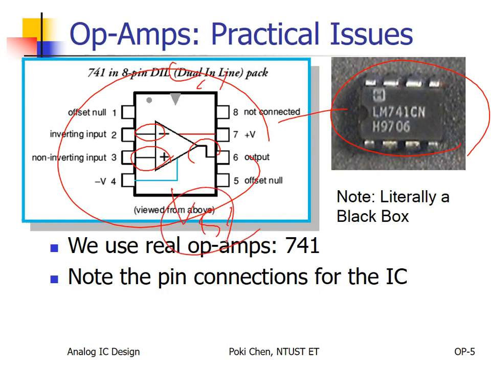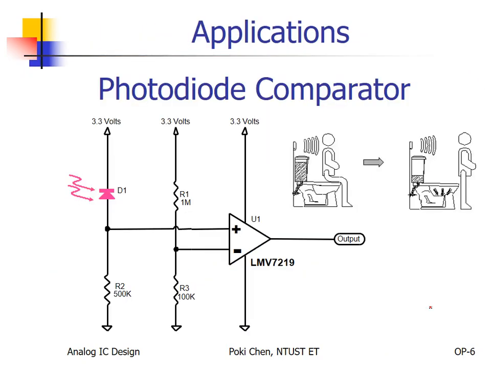To simplify the circuit symbol, we only draw positive, negative, and output. But don't forget, it consumes power, so at least it needs another 2 pins to connect to VDD and ground. That is the real circuit, at least 5 terminals, 5 pins. Okay, before the real design, let's focus on the applications.